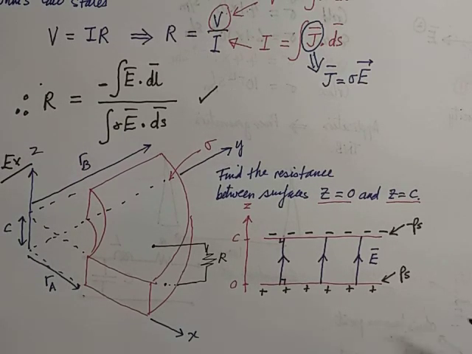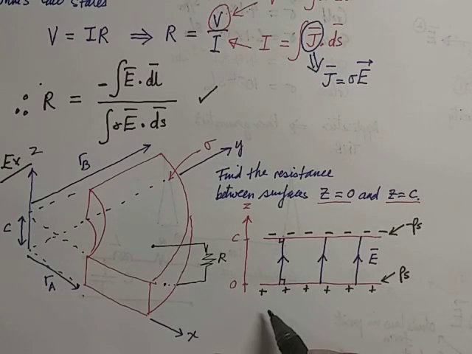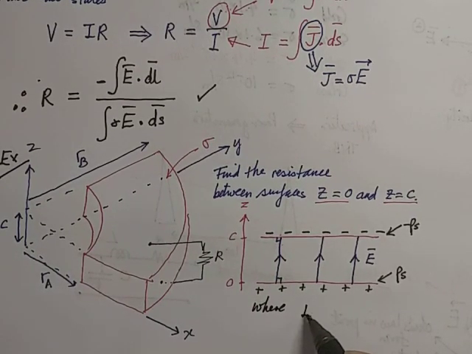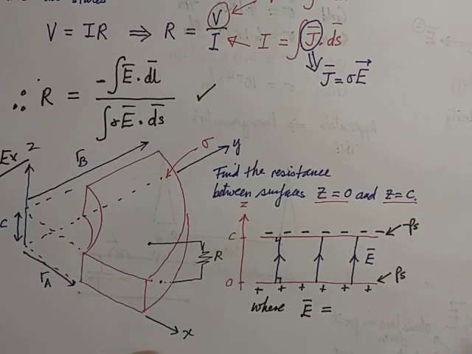Okay, from this, I can know where I'm going to put the E. It is actually due to the bottom source, when we assume the structure to be like this.